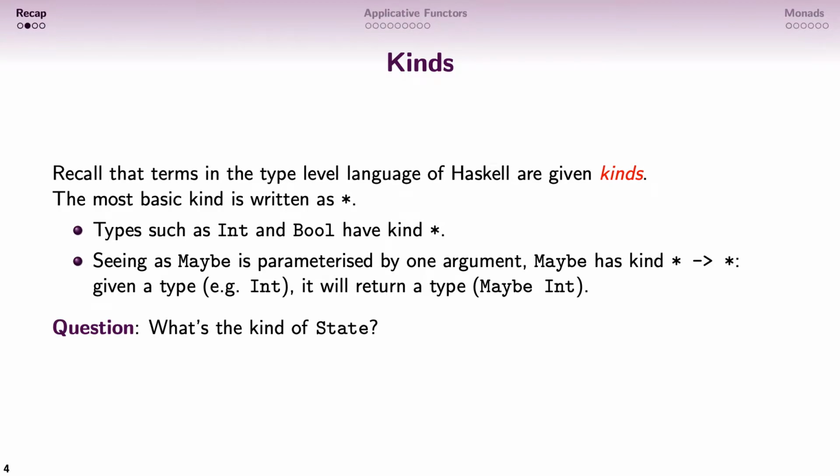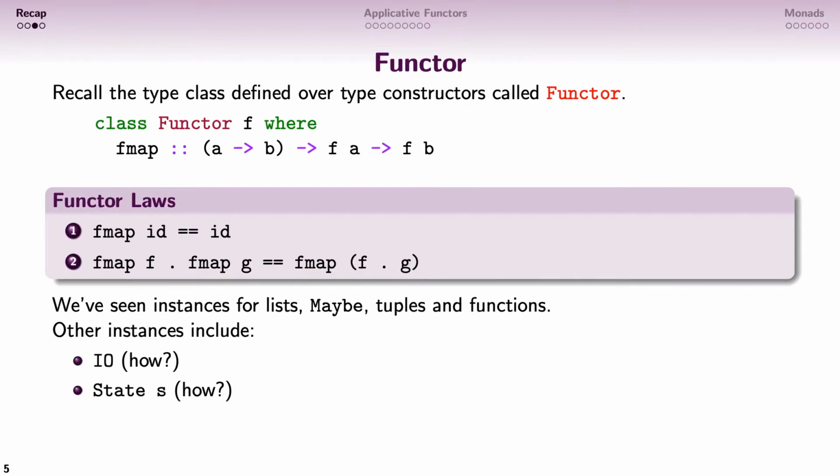So we've seen this functor type class, which has a single method called fmap, which looks a lot like the map function that we've seen for lists, and these two laws, right? And we've seen instances for lists, Maybe, tuples, and functions. If you don't remember the ones for tuples and functions, the tuple one will work on the right-hand element of the tuple and leave the left-hand element untouched.